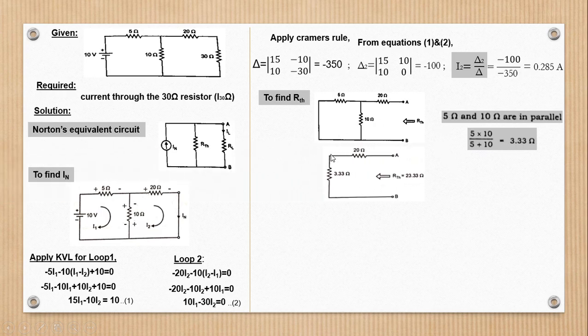Now we can write 3.33 ohm instead of the parallel combination of the 5 ohm resistor and 10 ohm resistor. We have redrawn the above circuit diagram.